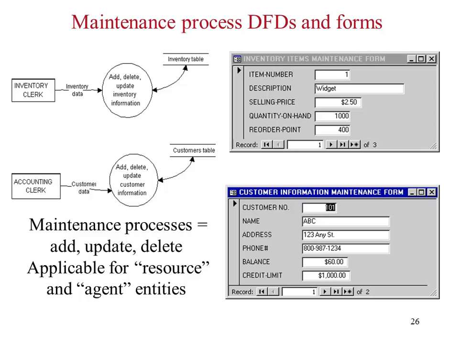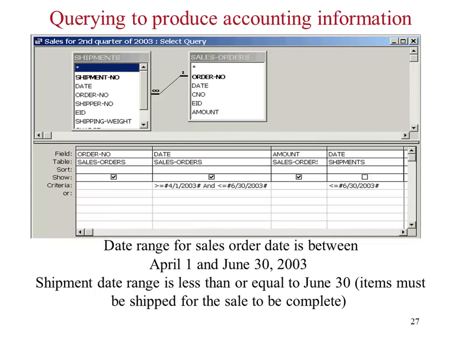Okay, so here are some examples, and this is an example of a query. So I will show you how to do queries, but let's look at this example. Suppose you want to have information about orders, order dates, amounts, and shipment date, okay?